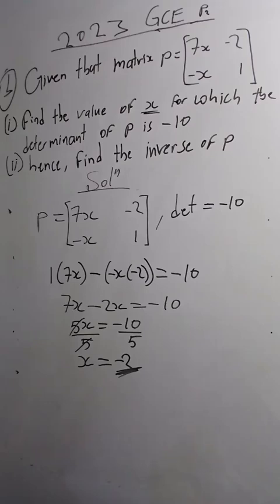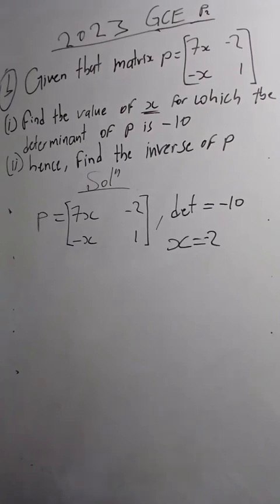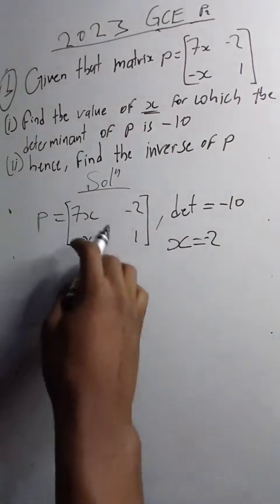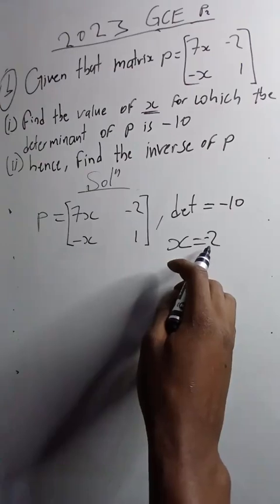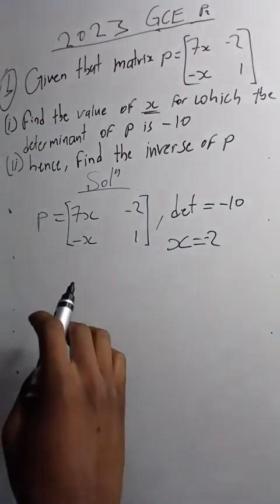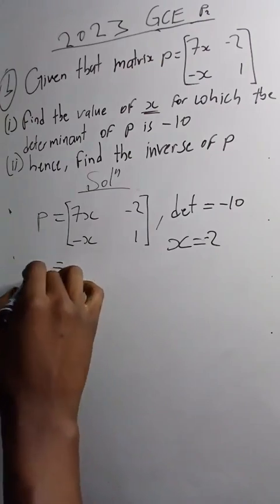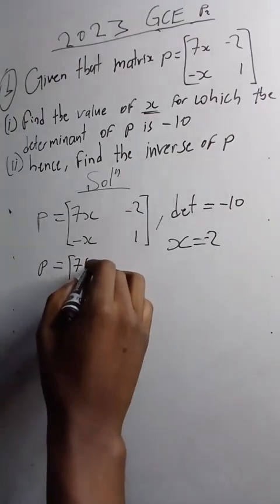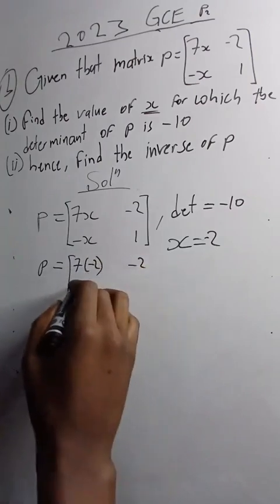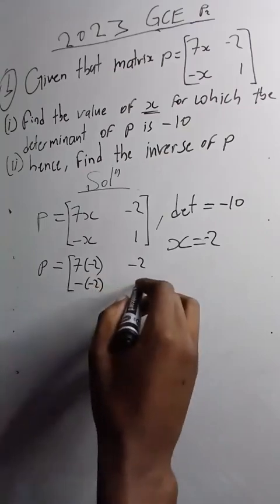Hence, find the inverse of P. For us to find the inverse, we need to know the original matrix for P, because in the formula we're going to involve the original matrix of P. As you can see, this is not the original because we have the variable in this matrix. So we need to replace x with negative 2 here. Matrix P is equal to [7 times negative 2, negative 2; negative negative 2, 1].